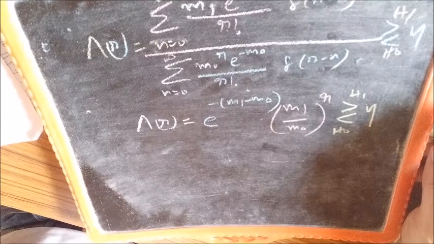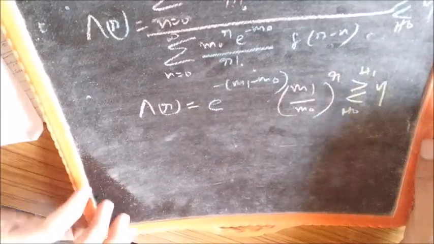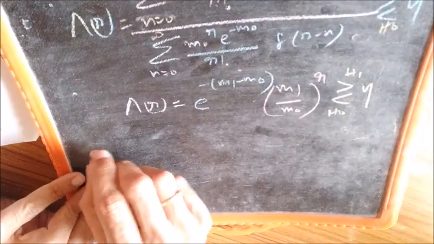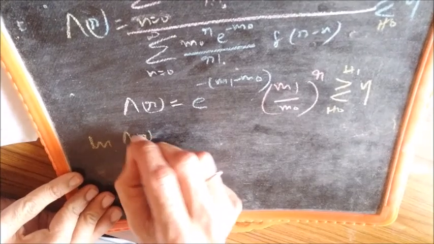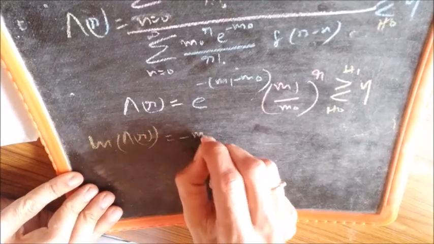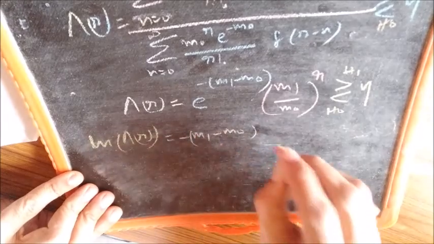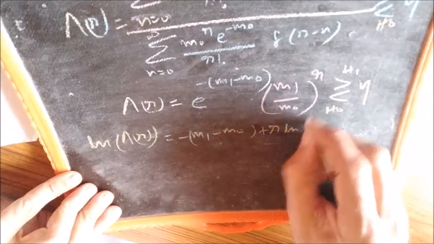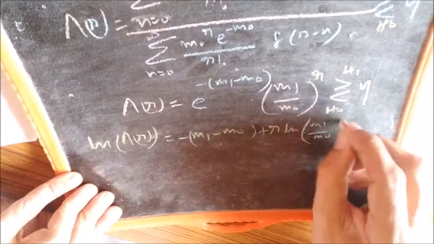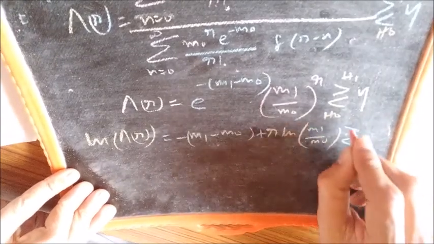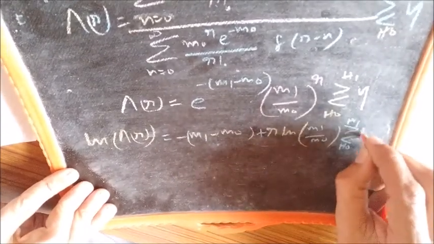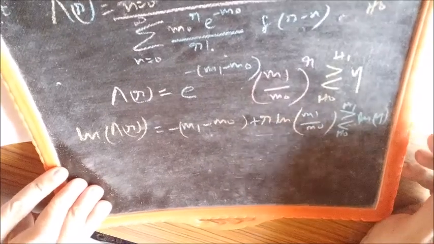So again, because of the exponential term, we can go for log likelihood. We get minus m1 minus m0 plus R natural log m1 by m0, compared with natural log eta, for H1 and H0.